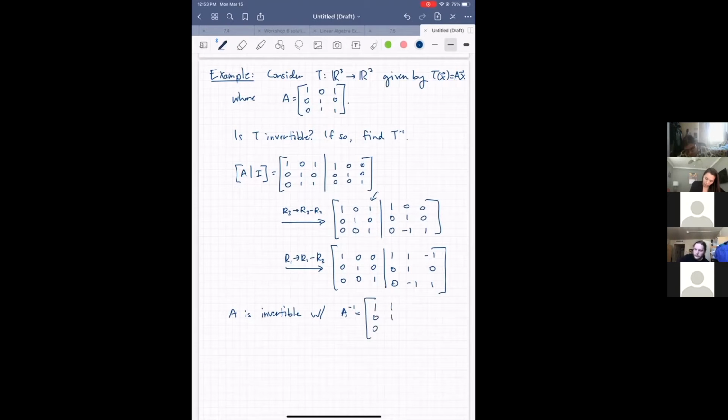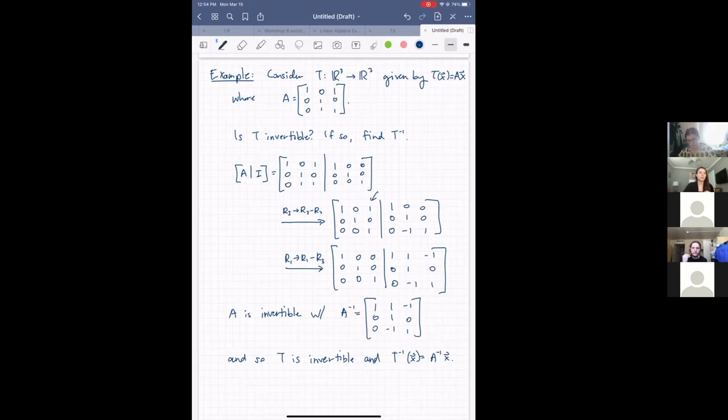So this guy, and so T is invertible as well. And T inverse is equal to this A inverse times X. So without writing it out again, I'll just put it that way.